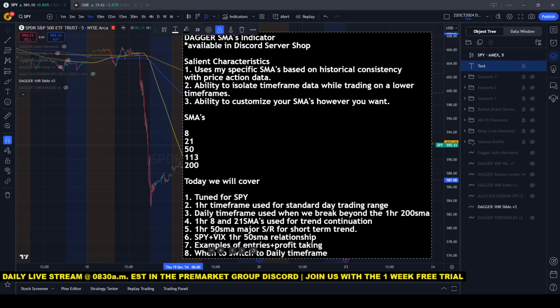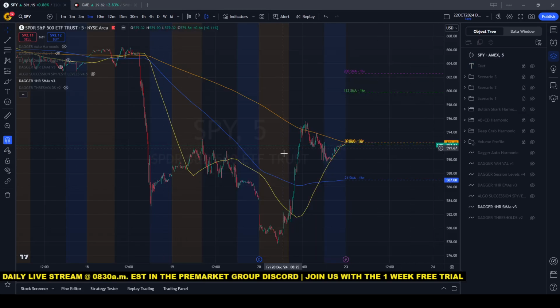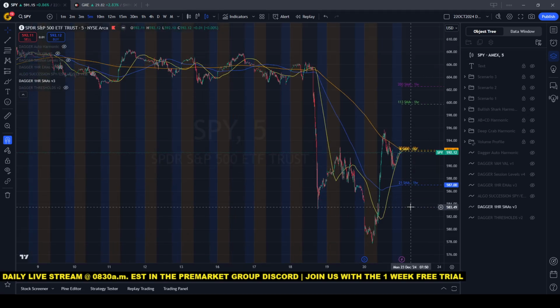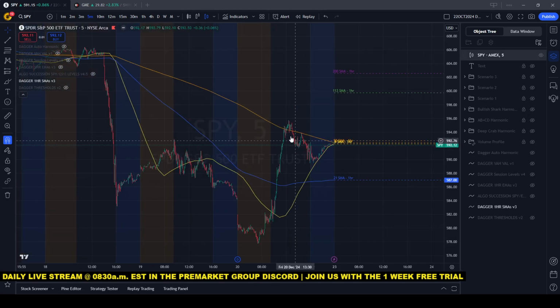The 1 hour 50 SMA, major support resistance for short-term trend. I'm also going to couple this with number 6, which is SPY plus VIX, and that's the 1 hour 50 SMA relationship. So in the short-term trend here on the hourly chart, this 50 SMA is like a volleyball net.